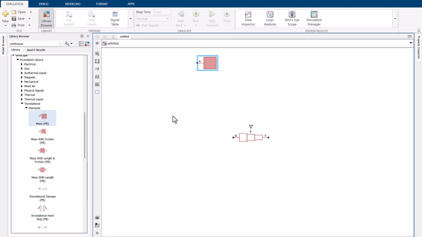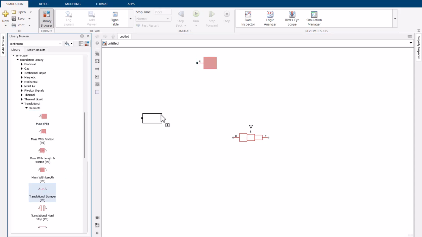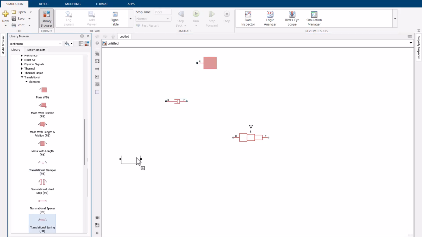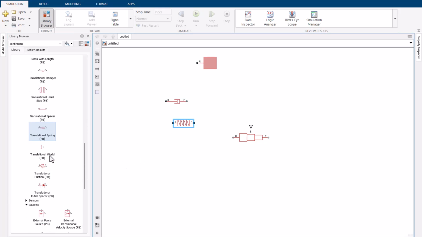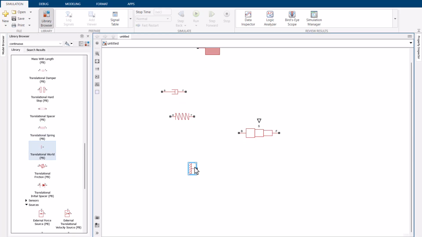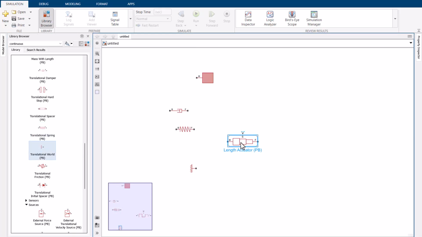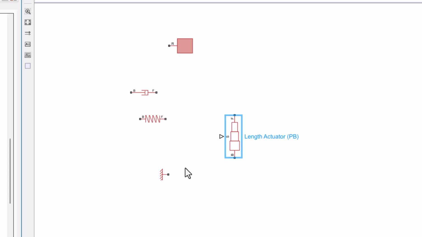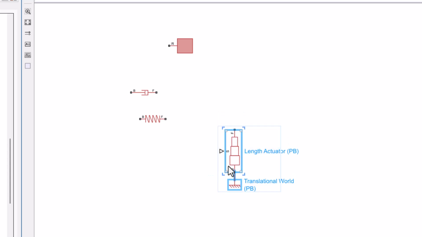From the elements, I add a mass, a translational damper, a translational spring, and a translational world, which is just a reference frame. So I press Ctrl-Shift-R for these two blocks, and this is going to create my bumpy surface.